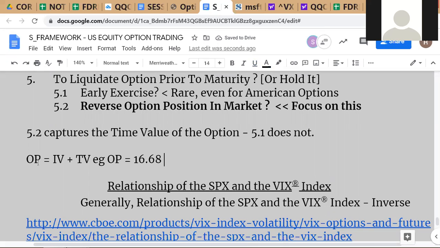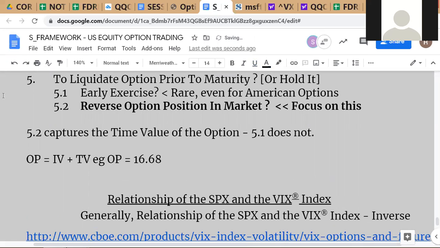Okay, if I do early exercise, and IV is equal to 10.